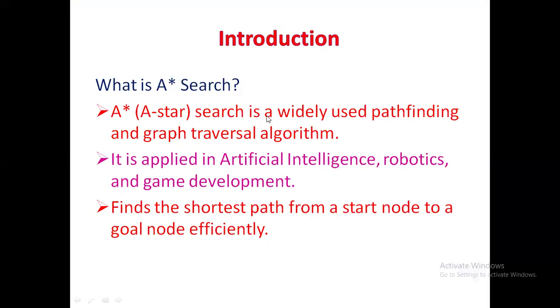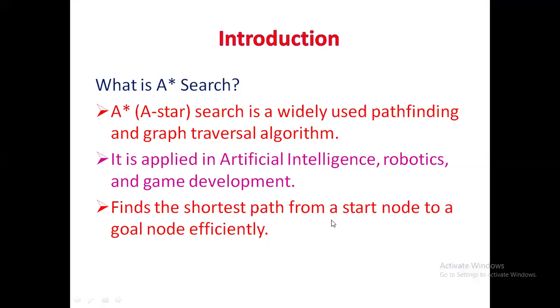A star search is a powerful and widely used algorithm for pathfinding and graph traversal. It is extensively applied in artificial intelligence, robotics, and game development to efficiently determine the shortest path between 2 points.